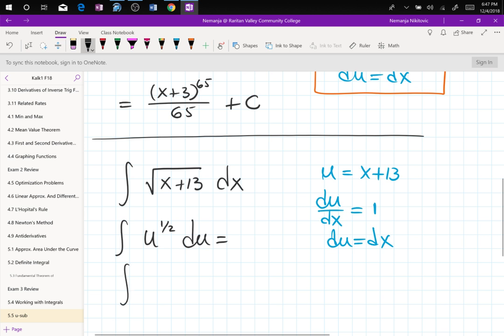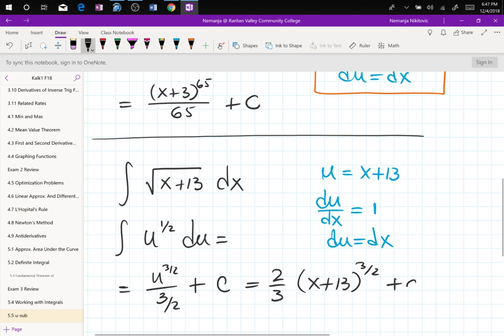This is integral u to the 3/2 over 3/2, plus c, which is 2/3 (x plus 13) to the 3/2 plus c.